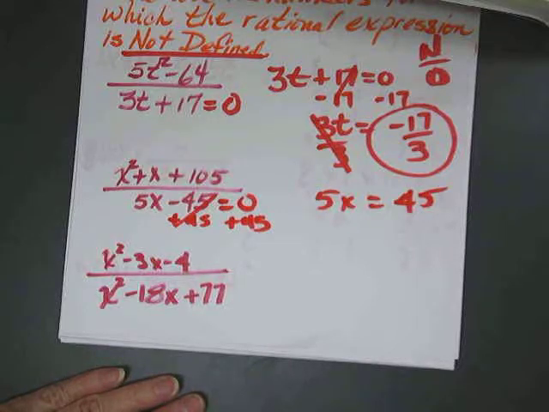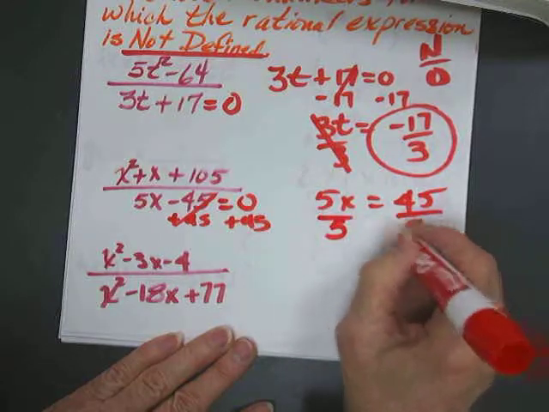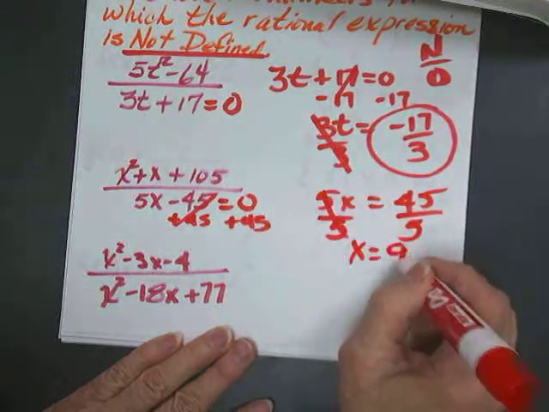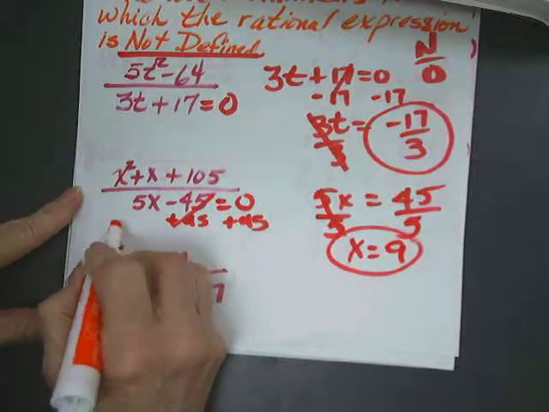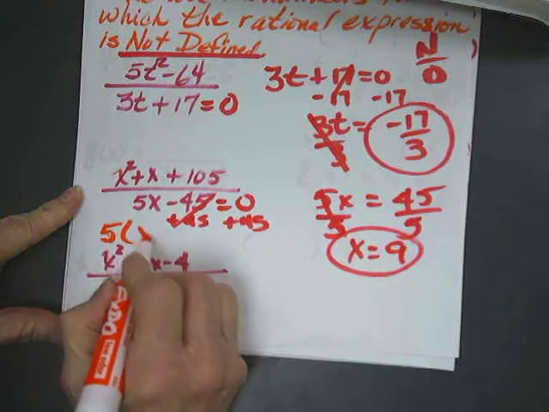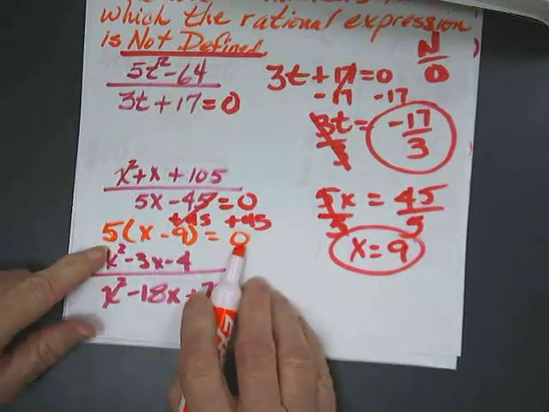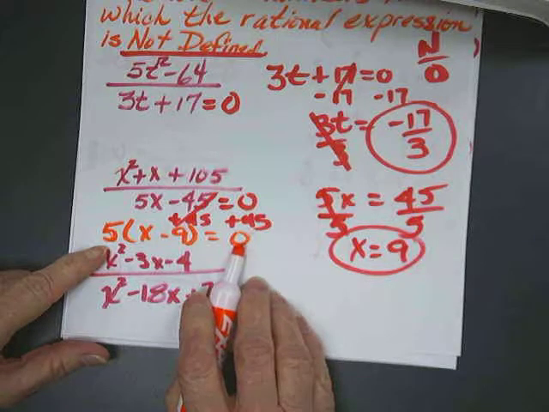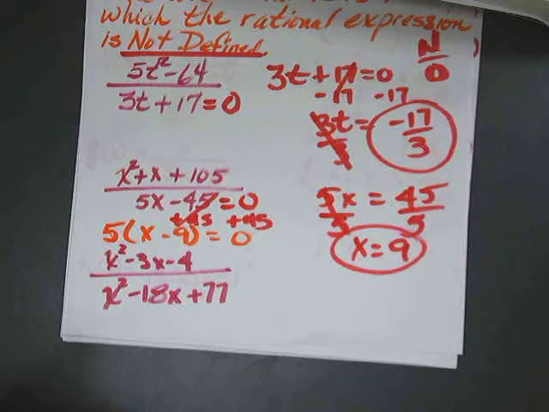You could, but it's going to come out the same anyway. I'll show you in a second. 45, if you divide by 5, you get 9, right? What if we factored it and we've got 5 times x minus 9 equals 0? 5 equals 0 would not give you a solution, and this would give you the 9. So you could do it that way, yeah.